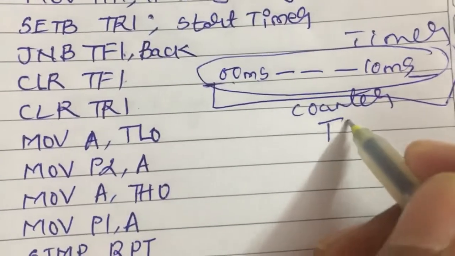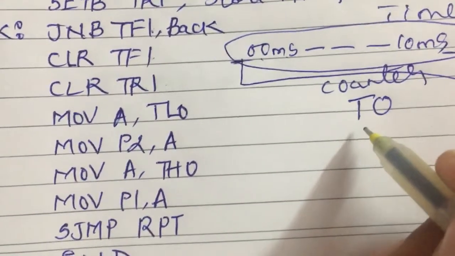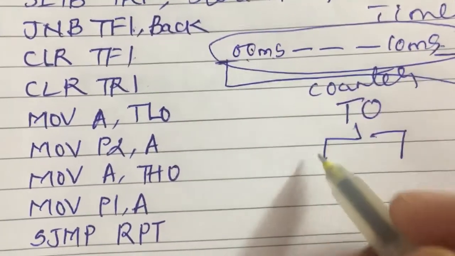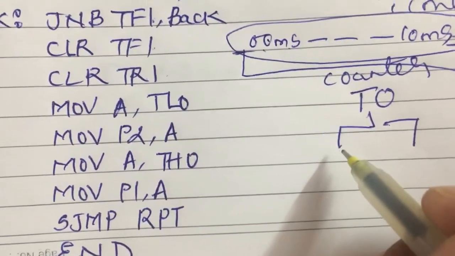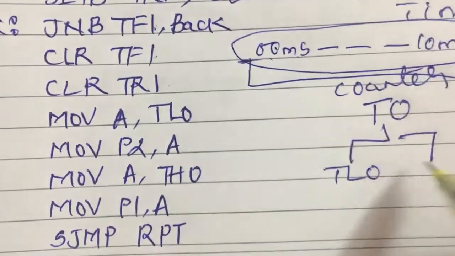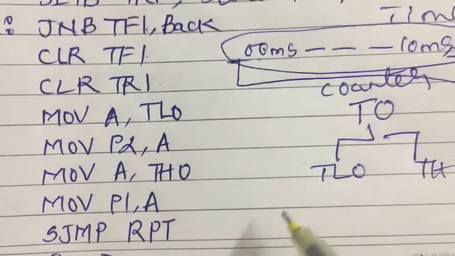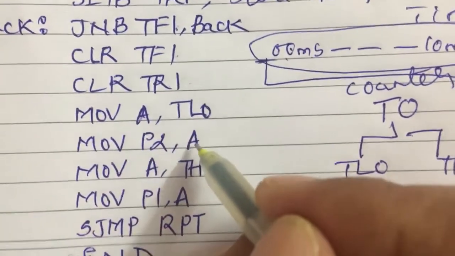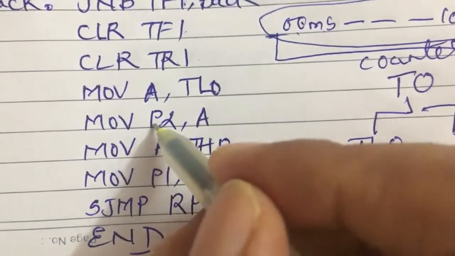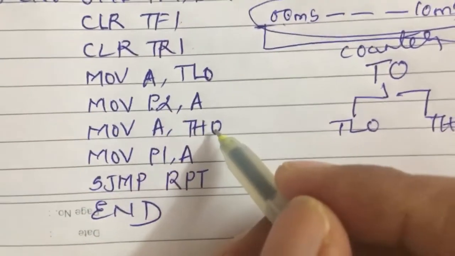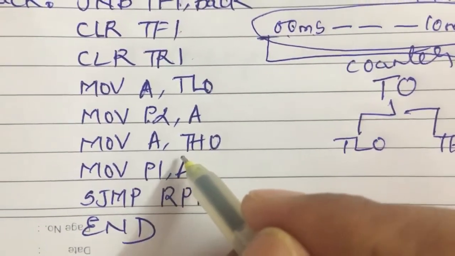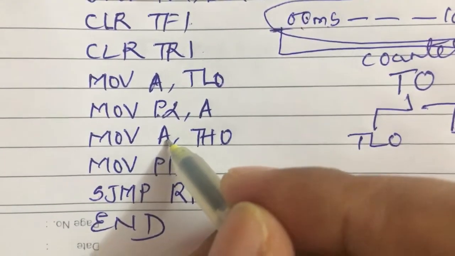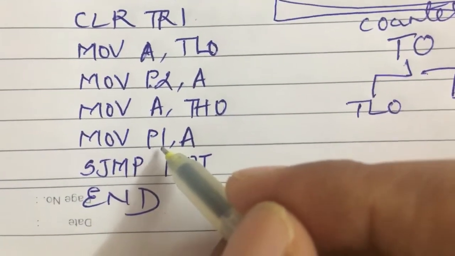So there should be some value, the number of pulses counted, stored in TL0 and TH0. Hence TL0 is moved to the accumulator, and the same accumulator value is copied to P2. Then the pulse count in TH0 is moved to A, and the same value is put on to P1.